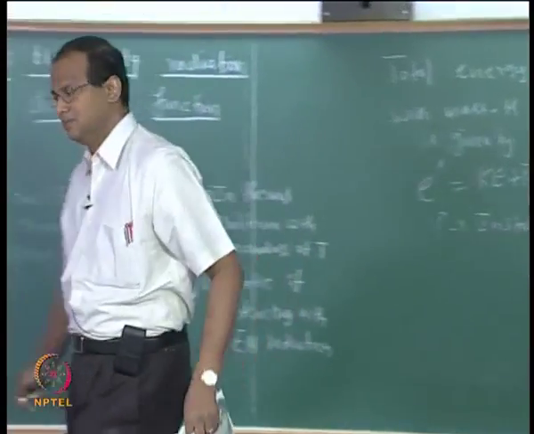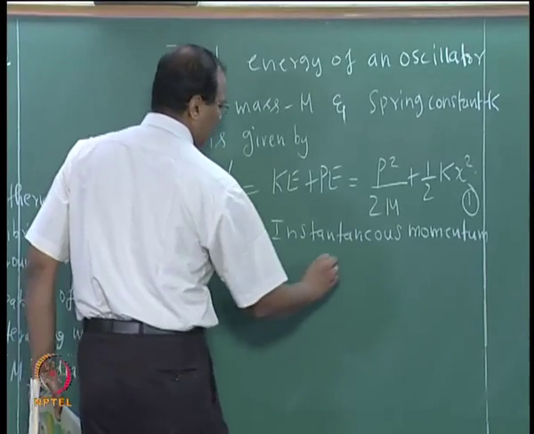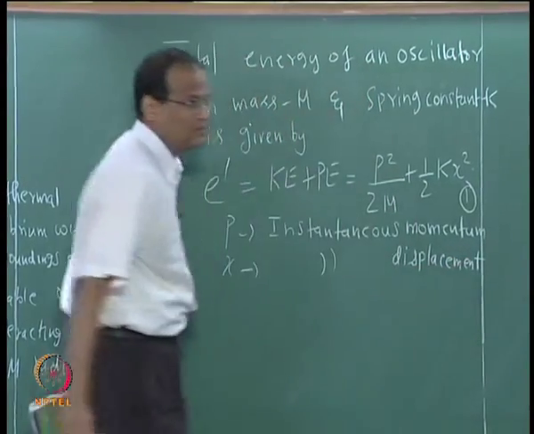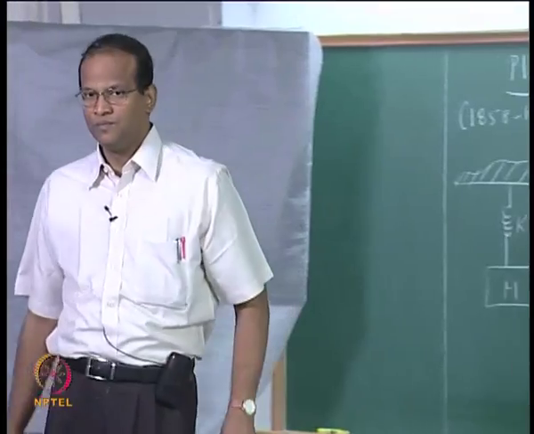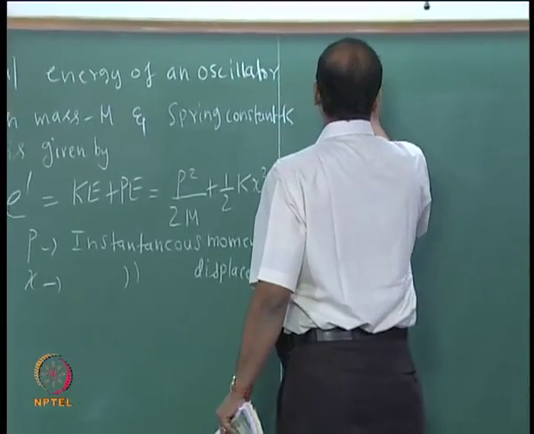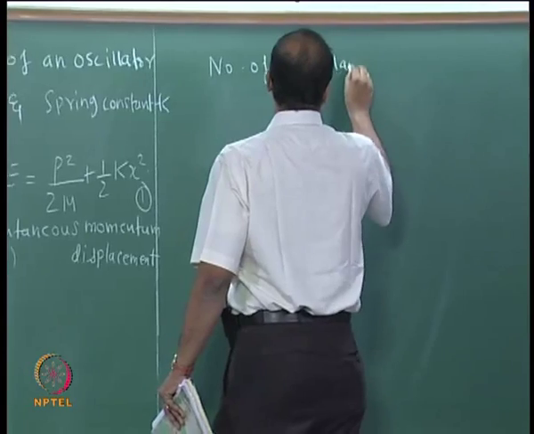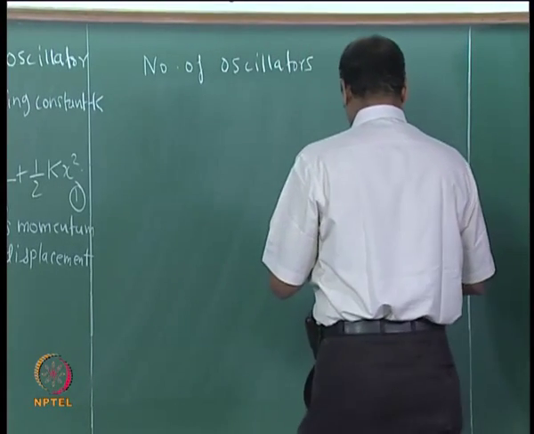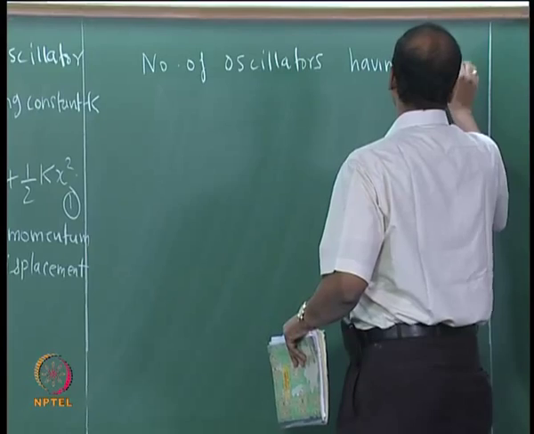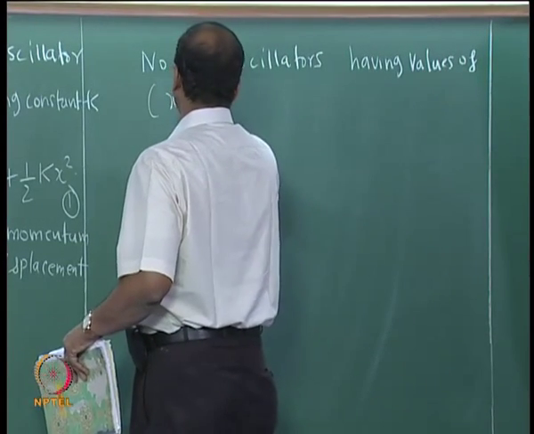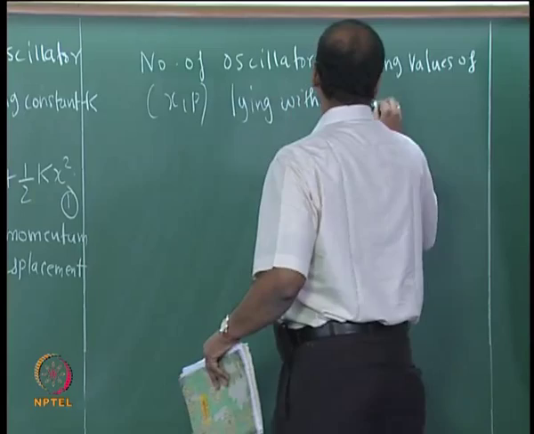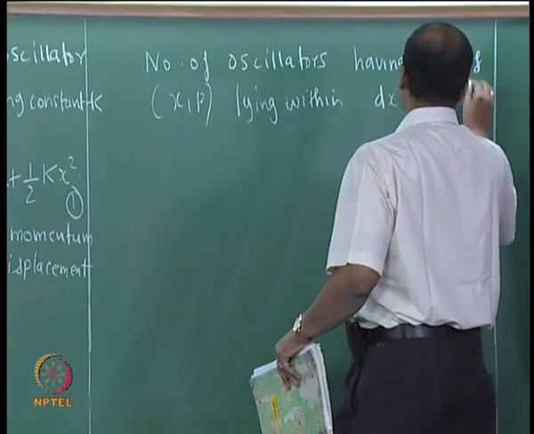Okay. What is x? Instantaneous displacement. So number of oscillators having values, are you getting the point?